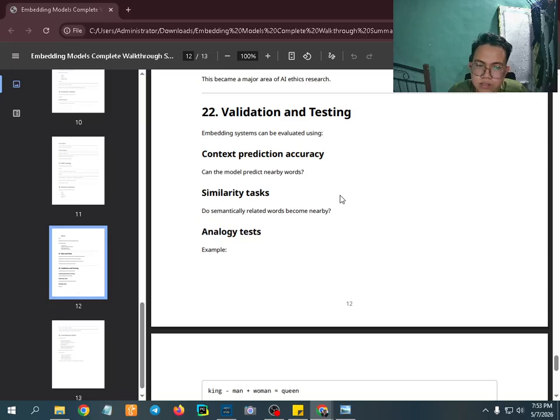If it's too perfect, it also learned the noise that it should not have. So validation and testing are so important.